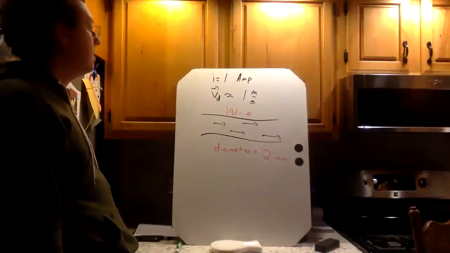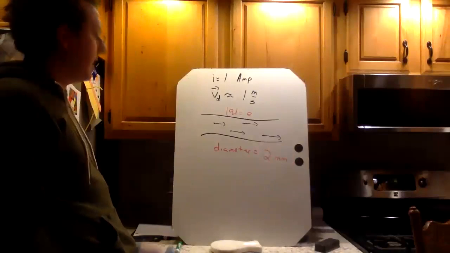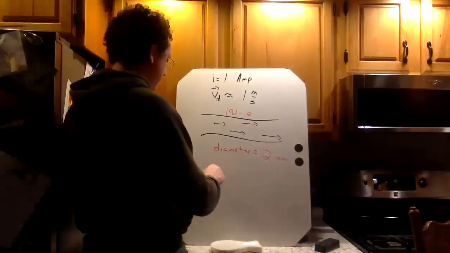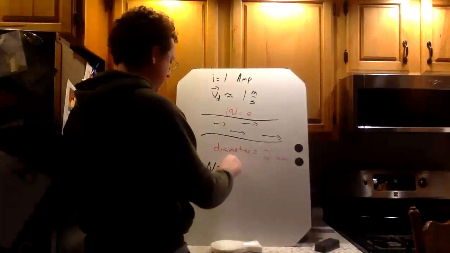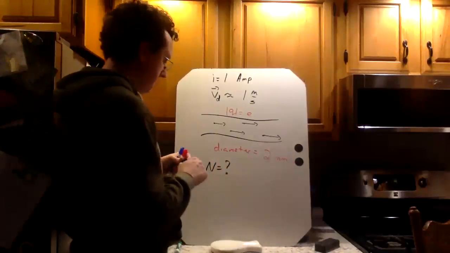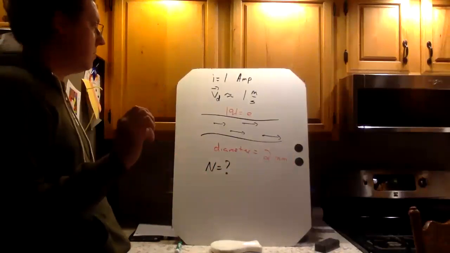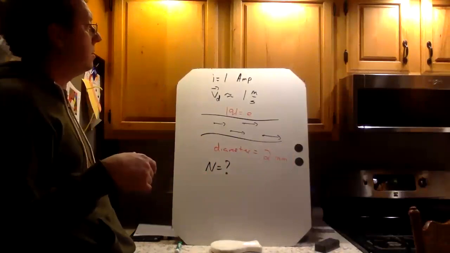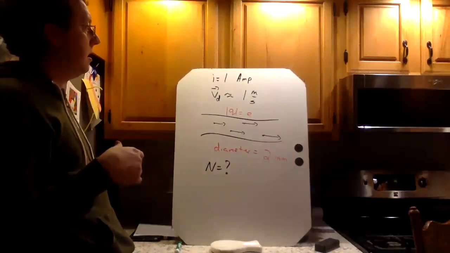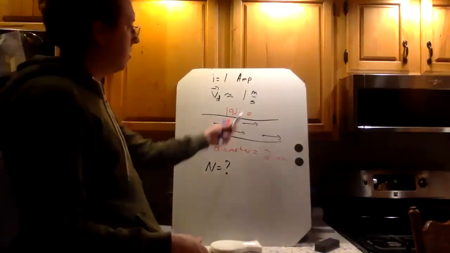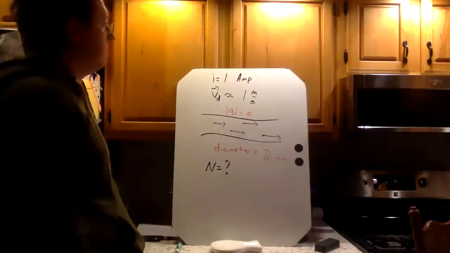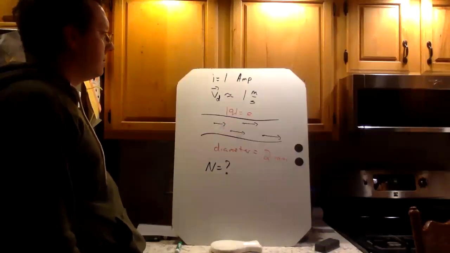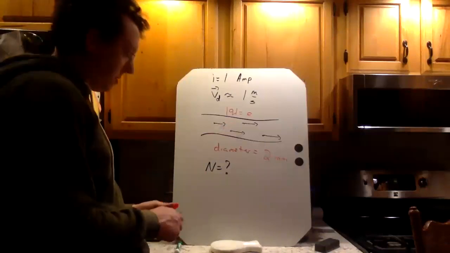So what I would like to do is estimate what is the number density N for this material. So assume you have a 2 millimeter diameter wire carrying 1 amp of current of charge carriers, which each have charge E, and assume they have a drift velocity of roughly 1 meter per second.